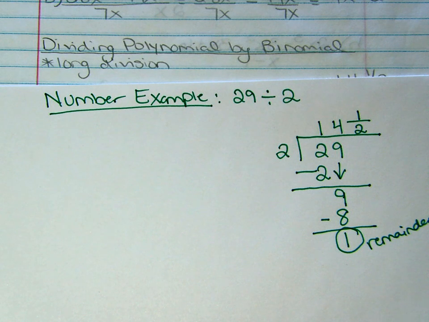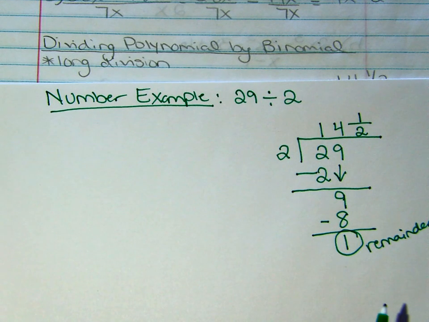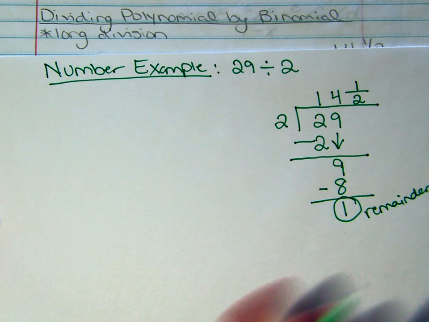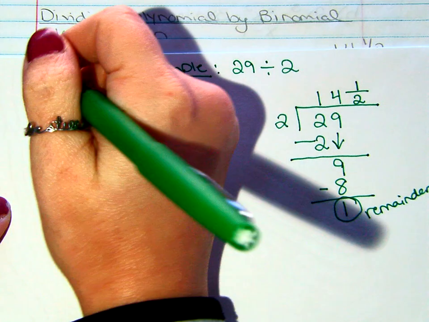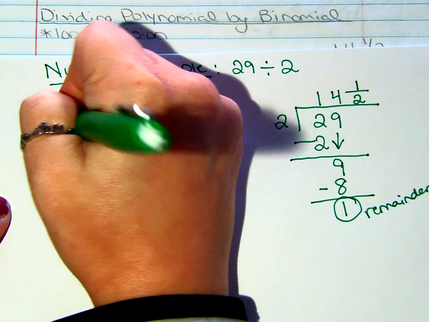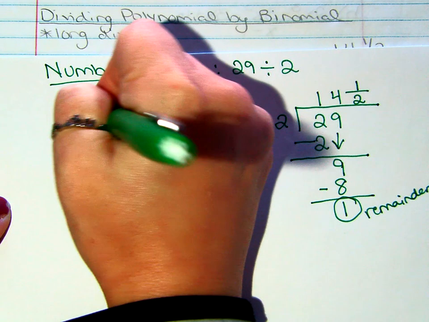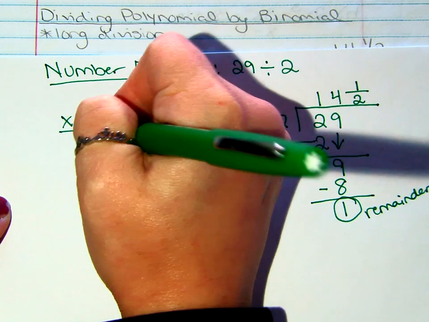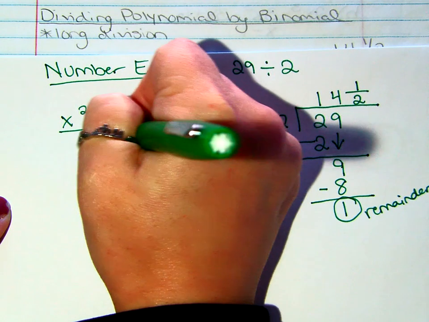All right, we ready to see it with polynomials? Same process. Same things we're asking. We are going to take x squared plus 6x plus 8 divided by x plus 2.